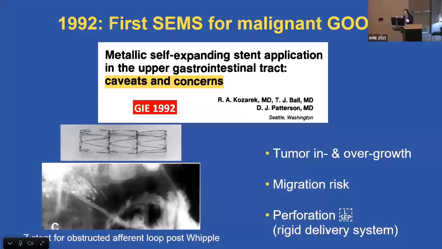But at that time, look at how he titled this paper. He's describing this first experience, but he is stating caveats and concerns. His caveats and concerns are tumor ingrowth and overgrowth that he had observed, migration risk, and perforation risk due to a rigid delivery system.